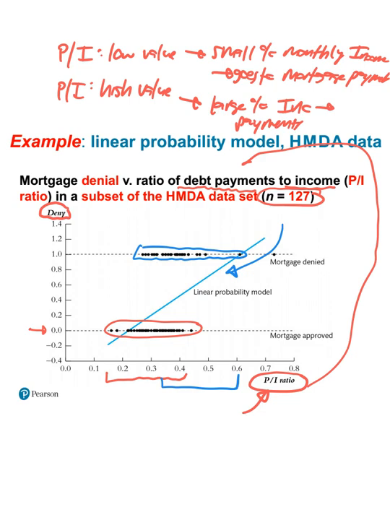As the mortgage lender, I'm probably not going to give you a loan, because I'm scared about the potential for you to default. As opposed to that, people with low PI ratios have a much greater likelihood of avoiding being denied, or similarly, being accepted for their mortgage loan.